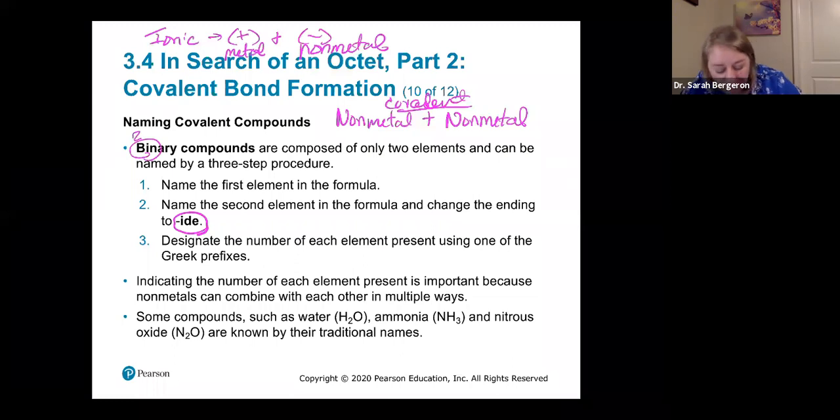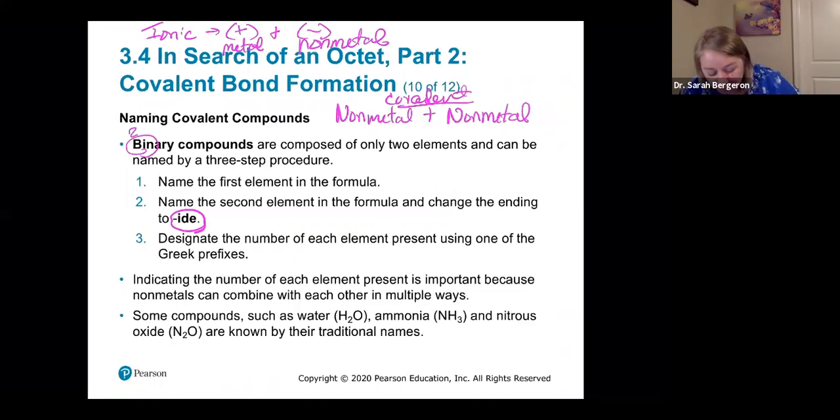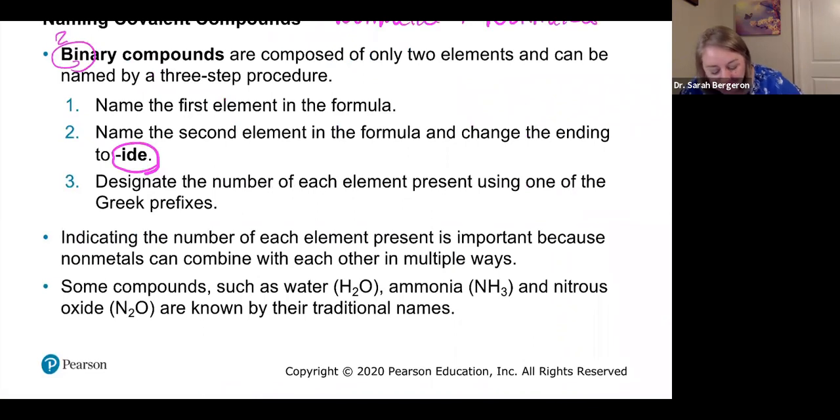So let's take our water, right? A lot of compounds have common names and they also have scientific names. So scientifically, how do you say water? Well, I'm going to name the first element in the formula. What's my first element in water? Hydrogen, right?